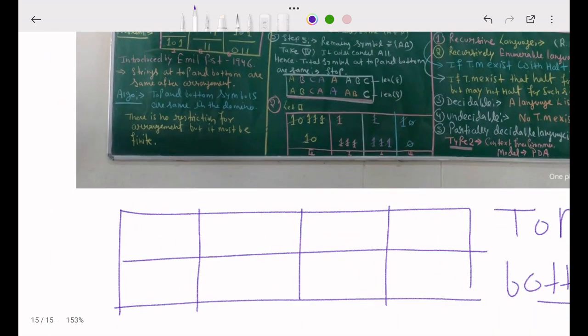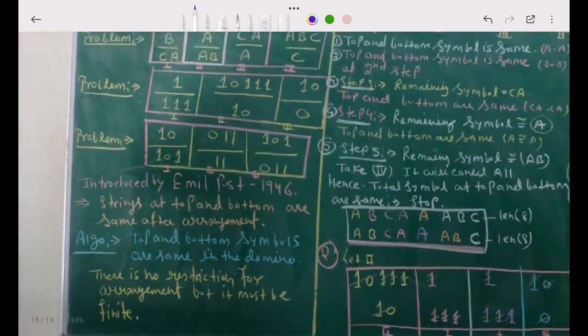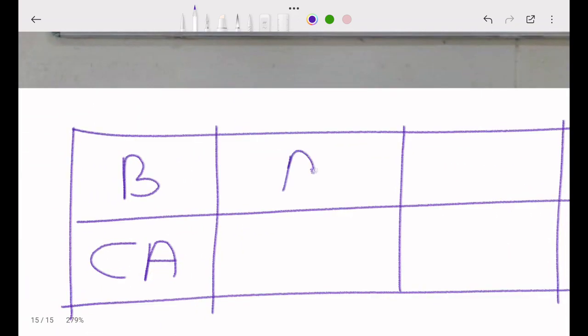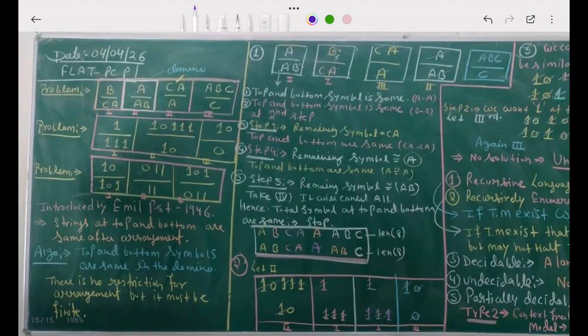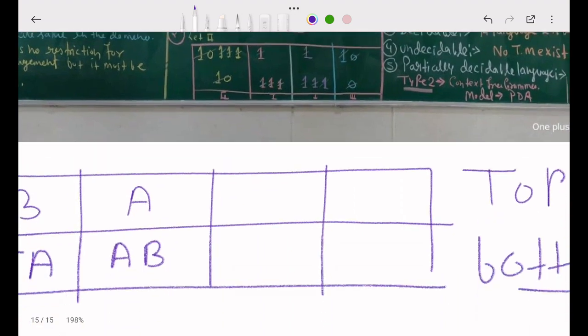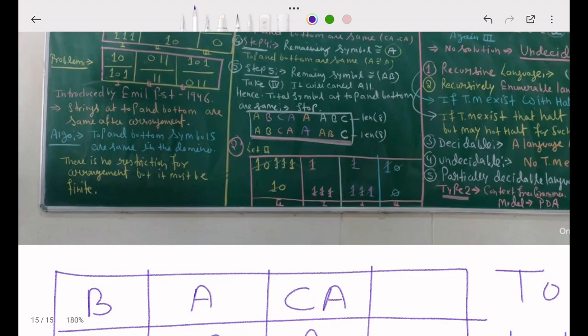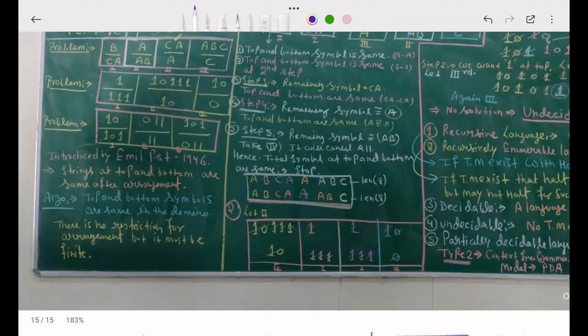Next, top BCA, then AAB, then CAA, then ABCC.